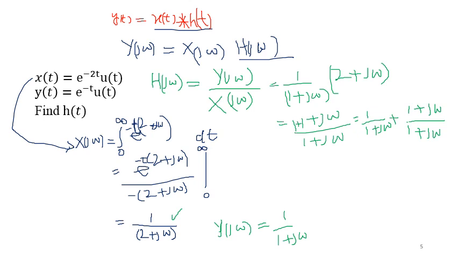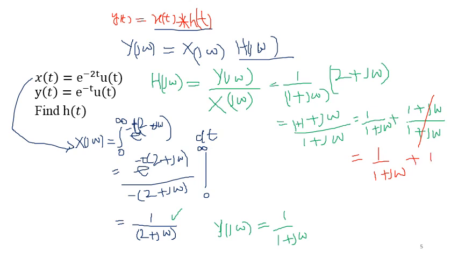Because I have 1 plus j omega, I can write it as 1 over 1 plus j omega plus 1 plus j omega over 1 plus j omega, right? So these two terms cancel. Okay, so I get 1 over 1 plus j omega and plus 1.